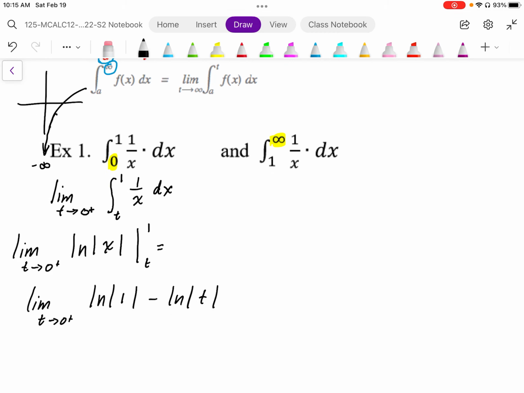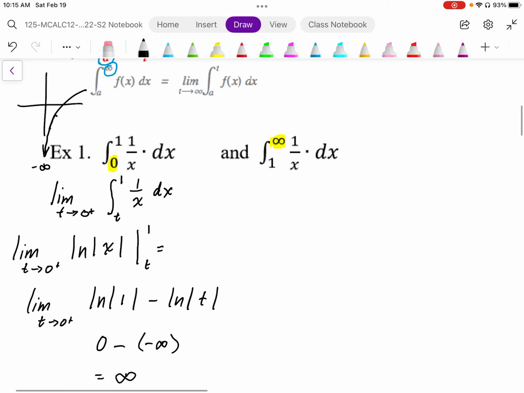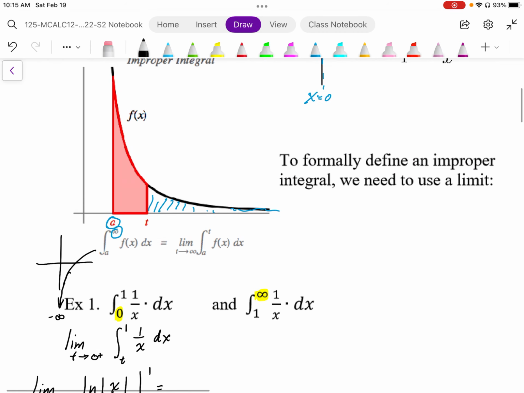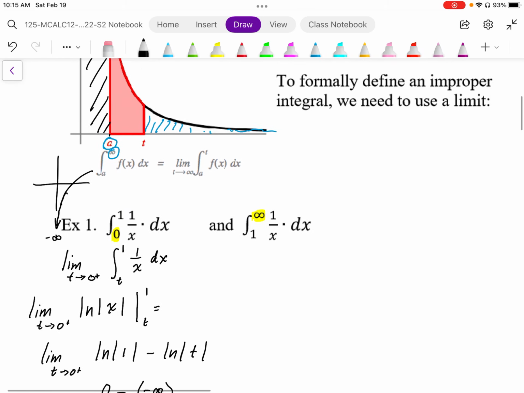So therefore I get 0 minus negative infinity. So my area that I evaluate is going to be equal to infinity. So what that tells me then is that the area bounded by the vertical asymptote and some point at 1, that area is infinite.